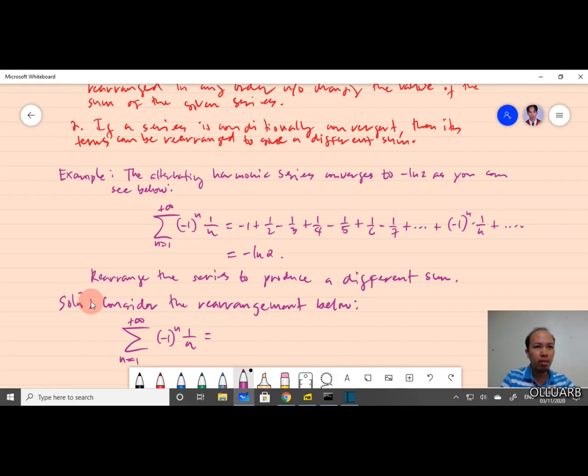For this one, just factor negative 1 here, so this is 1 minus 1 half plus 1 fourth minus 1 third minus 1 sixth plus 1 over 8 minus 1 fifth minus 1 over 10, and so on and so forth. Okay, and let's move up.